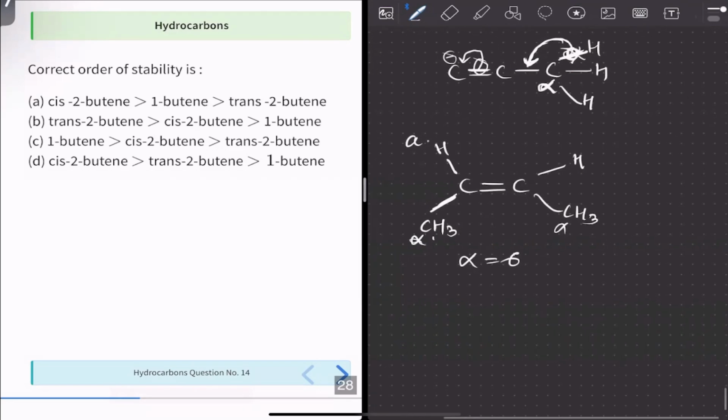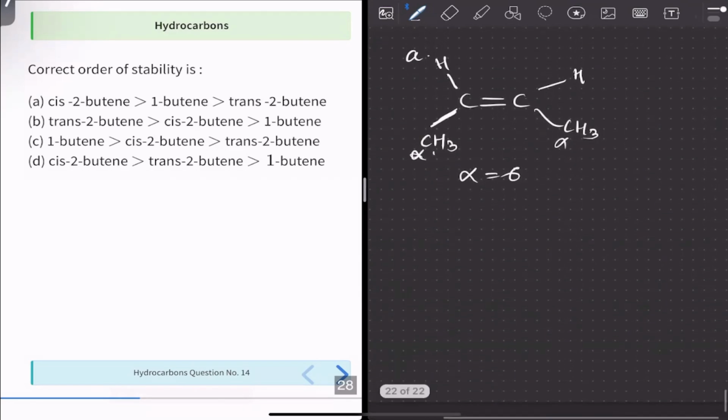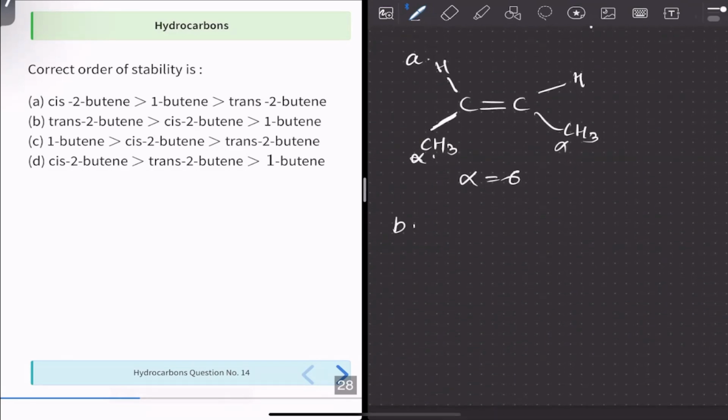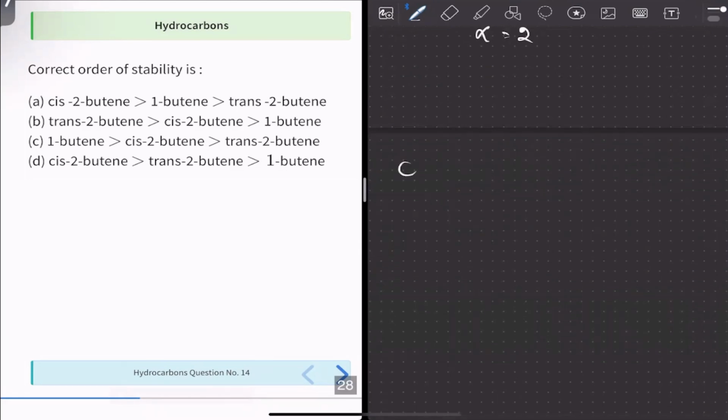There are six alpha hydrogens. For 1-butene, for this double bond, this is the alpha carbon, and there are two alpha hydrogens. So alpha hydrogen is two. Then trans-2-butene.